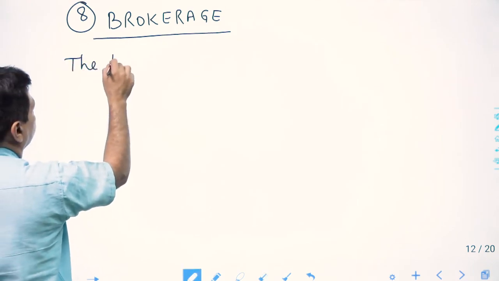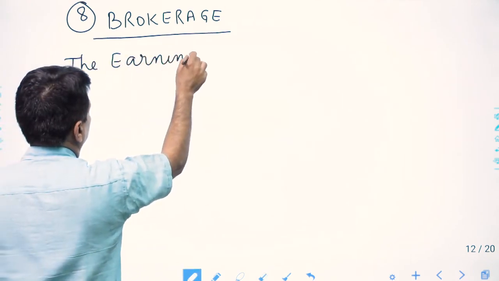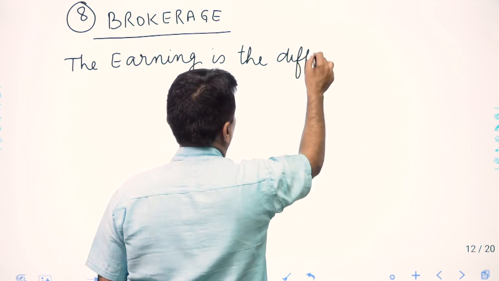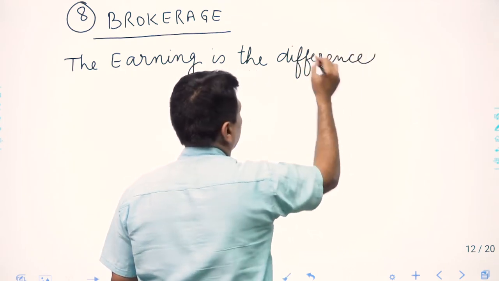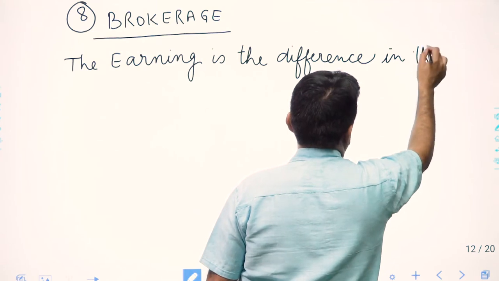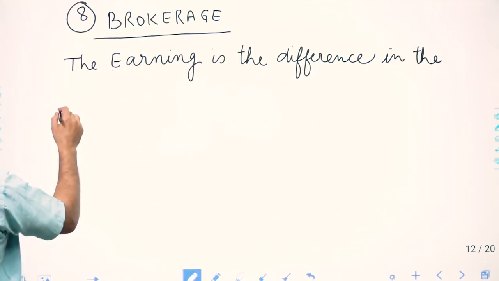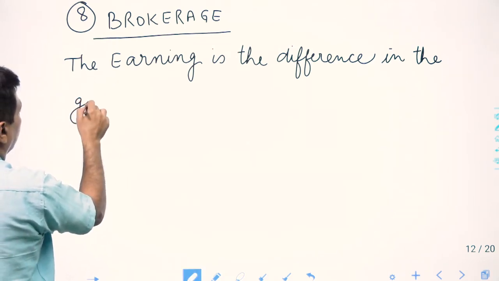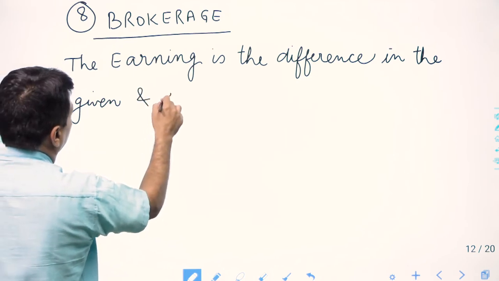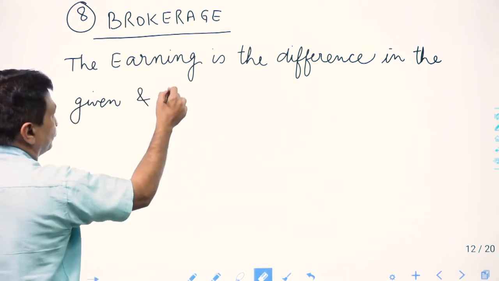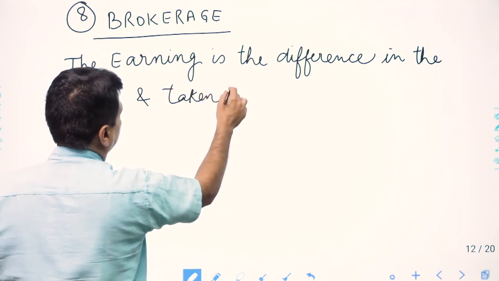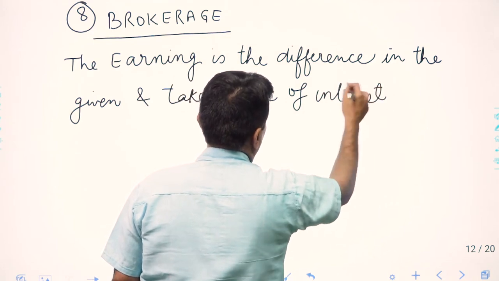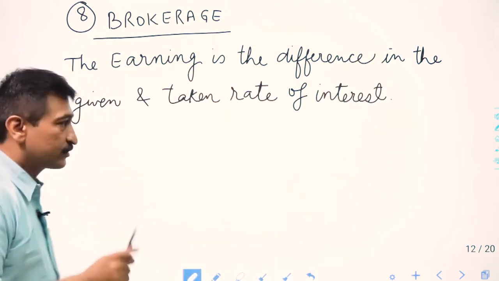The earning is the difference in the rate of interest, the difference in the given and earned or taken rates of interest. This is your earning. Let us do a question.